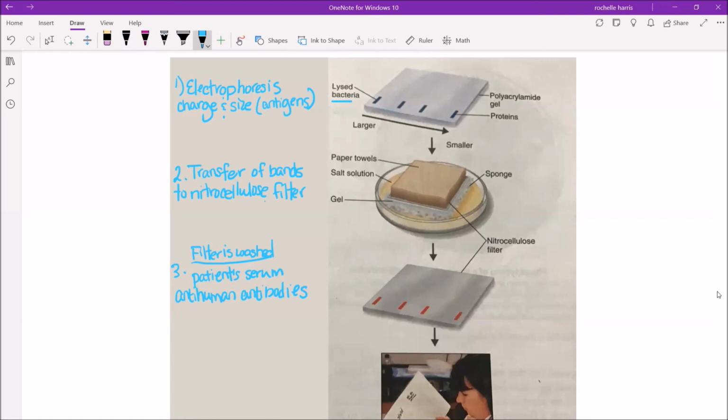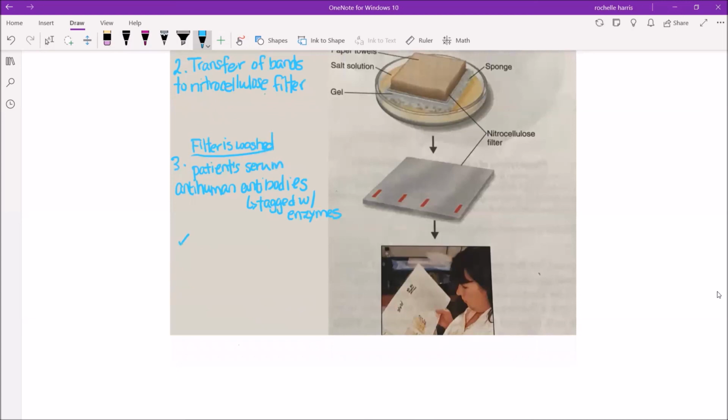Now, these antibodies are tagged with enzymes. So now we have the patient's antibodies. We have the anti-human antibodies with the enzyme tagged on it.